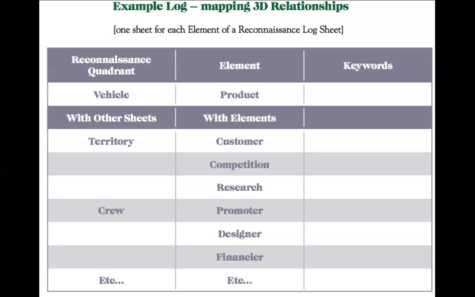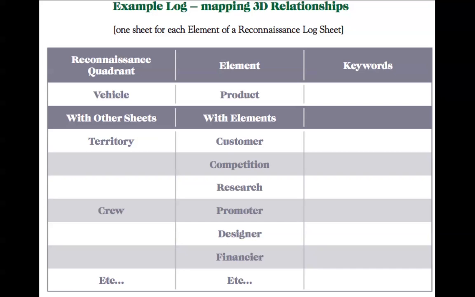For my own mapping exercise for product, I've identified a number of elements from other quadrants that I believe have a relationship either with or an impact on the product. These are customer, competition, and research from territory.